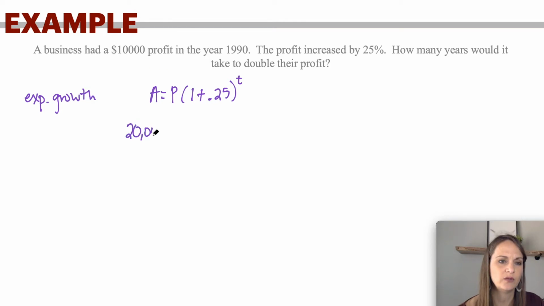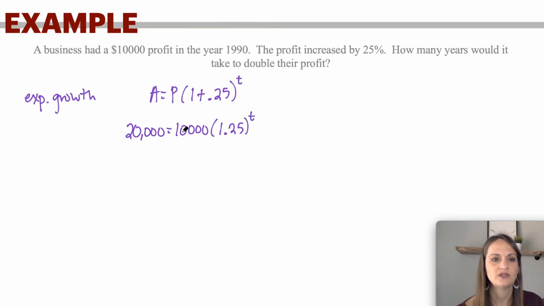So we want to know, when will we reach $20,000? So first thing we got to do is divide by 10,000 on both sides, and that will give us a 2. And I want to know, when is that going to happen? So I'm going to rewrite this as a log.